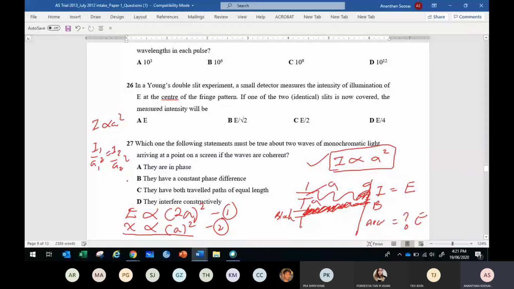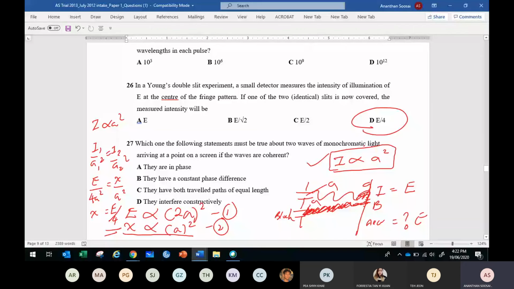So here we put in these two data: E over 4A squared, since (2A) squared is 4A squared, equals X over A squared. So what is X? It's E over 4. So therefore the answer is D.